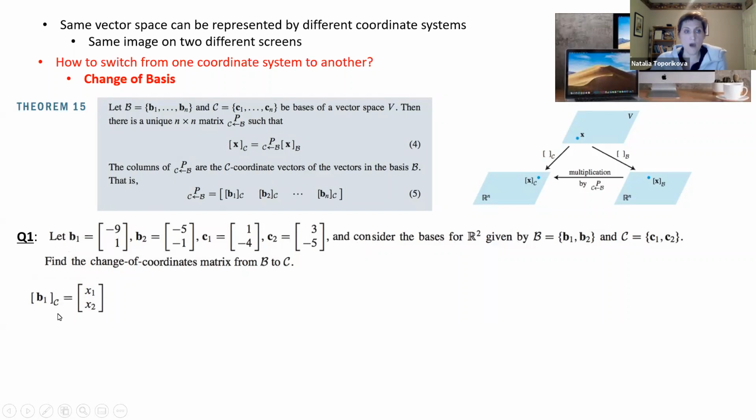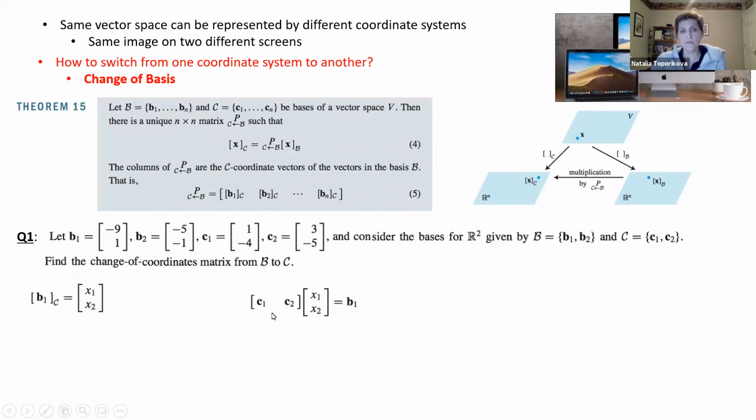Okay, let's start with a basic definition. We need to find this matrix of transformation, which is just the coordinates of our vector B in the coordinate system C. We actually do not know this, obviously. We want to find it, but let's just give them a name. Let's call the entries of the first vector x1 and x2, that would be easy to deal with.